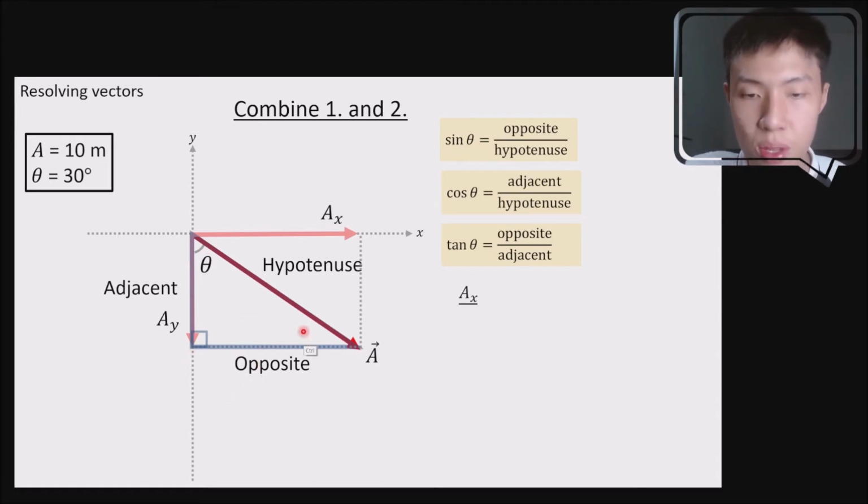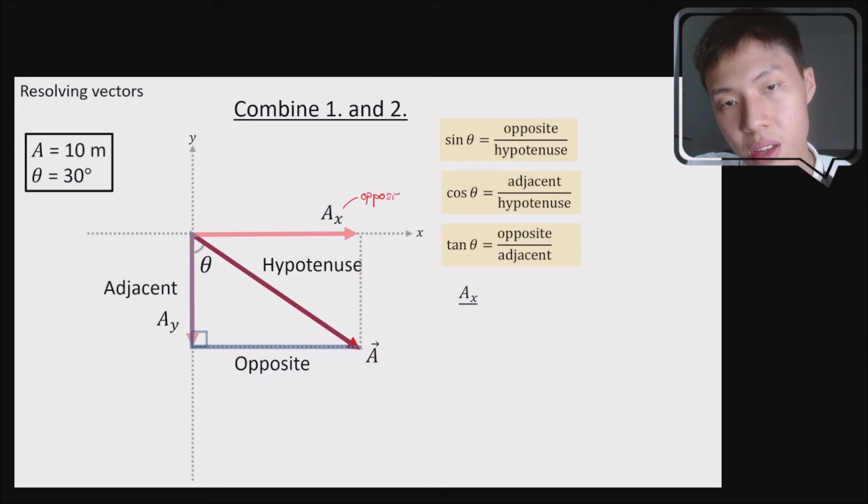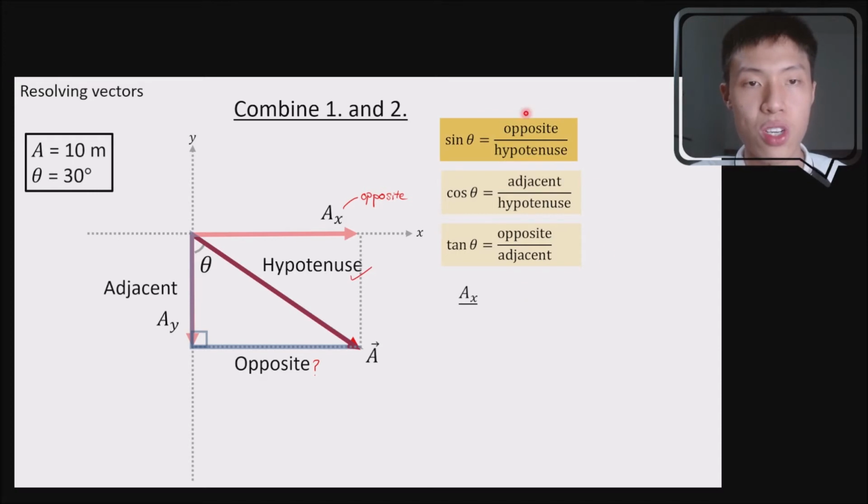So actually, if you want to find AX, what we are finding is the opposite side of the triangle. So if it's the opposite side that we want to know, the hypotenuse we are given, then the equation that we should pick is the first equation up here. Because we are interested with opposite side, we are given the hypotenuse, we are given the angle.